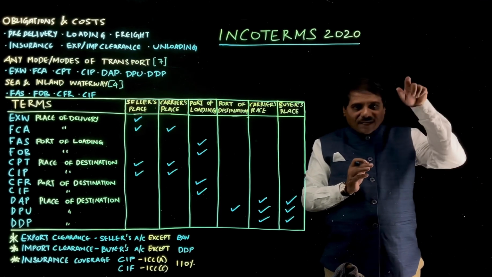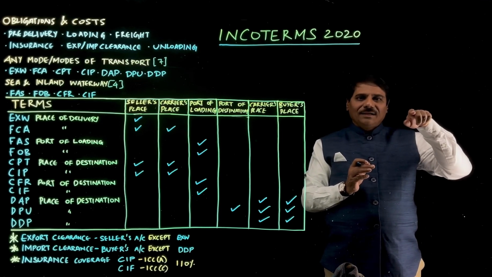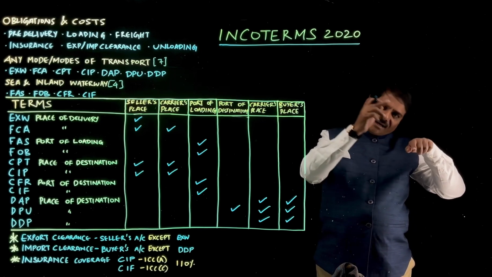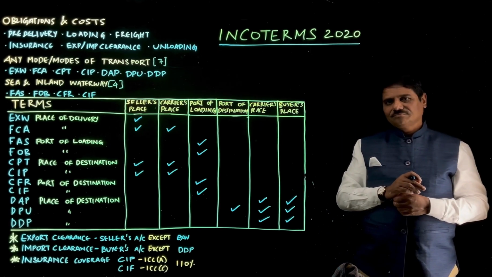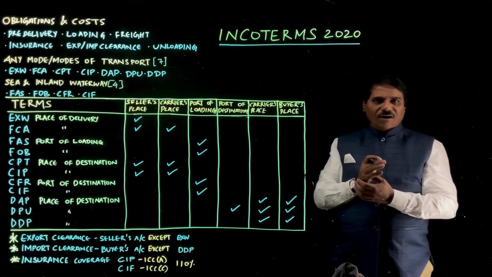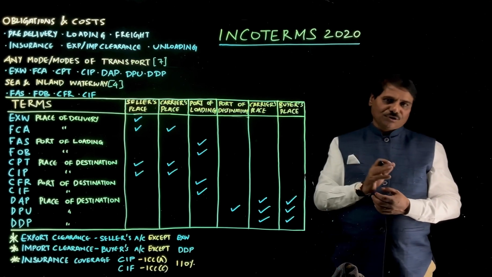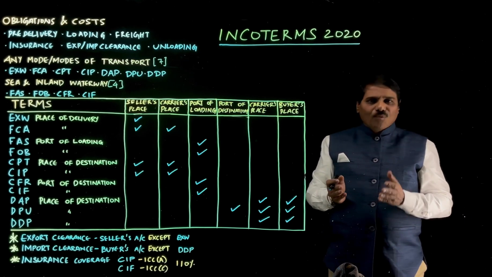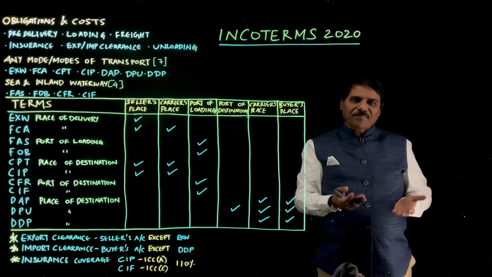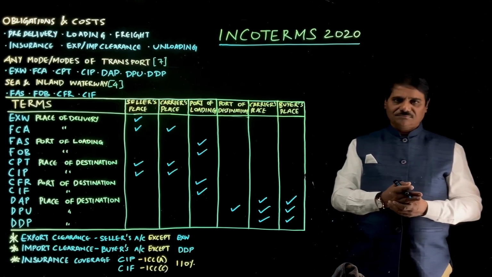So, at terminal, in the importing country, seller must arrange the unloading. So while they were redrafting International Commercial Terms 2020, they thought, why only terminal? Why not any other place at buyer's country?